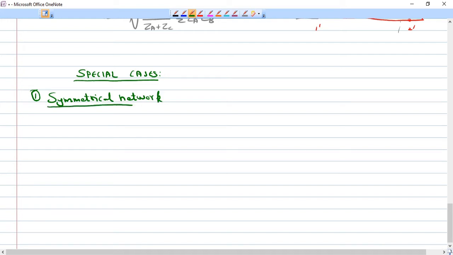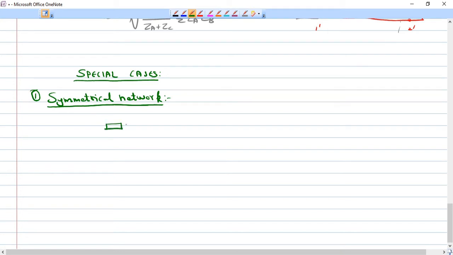Now we will take some special cases. So first one is a symmetrical network. So the idea here is that we can consider a symmetrical network as an approximation of an asymmetrical network. So how?